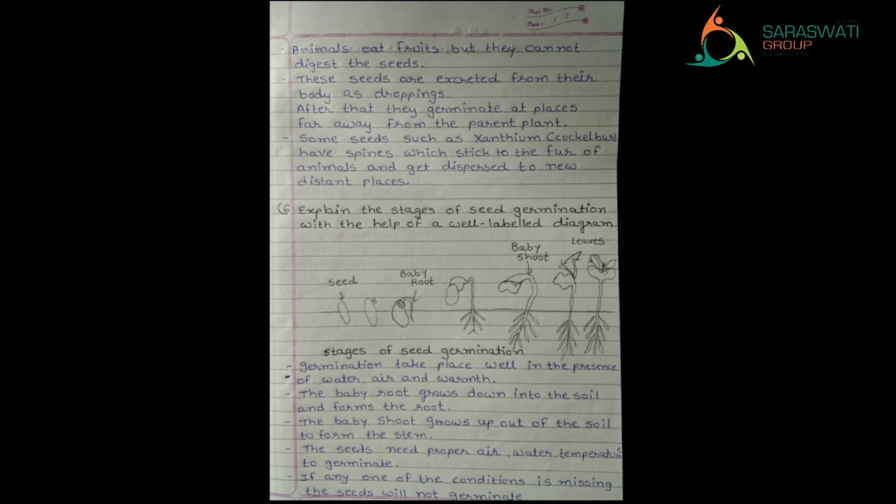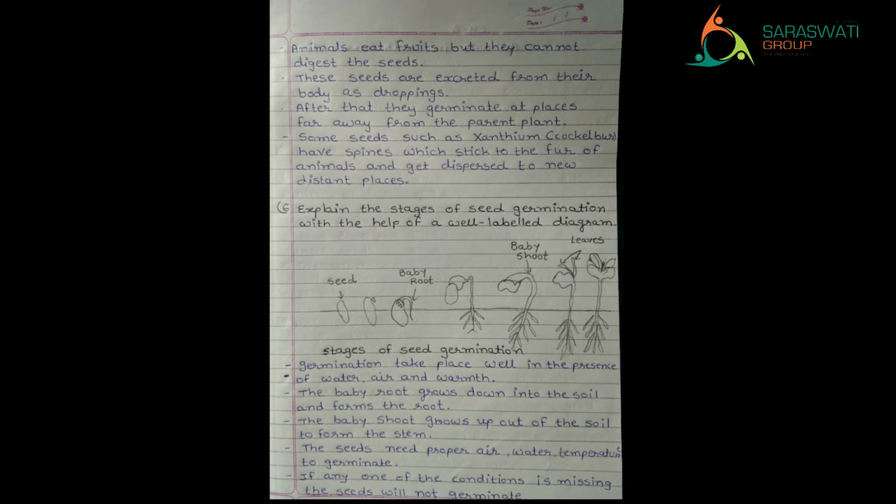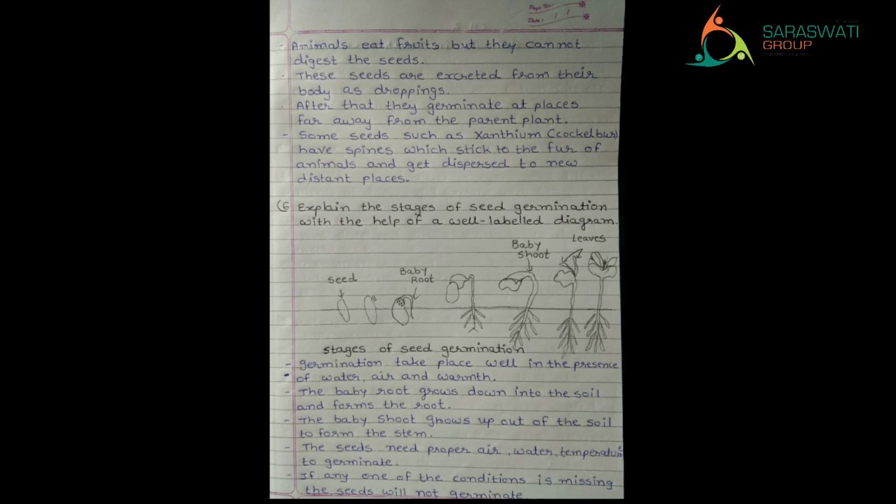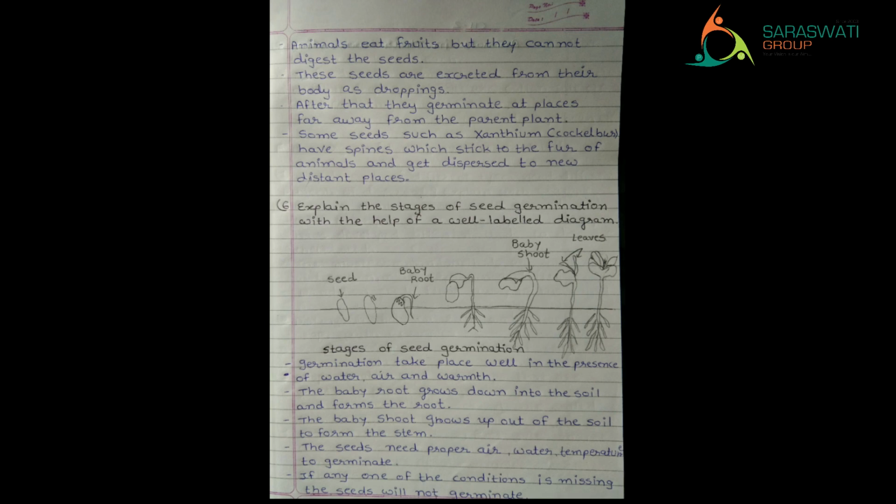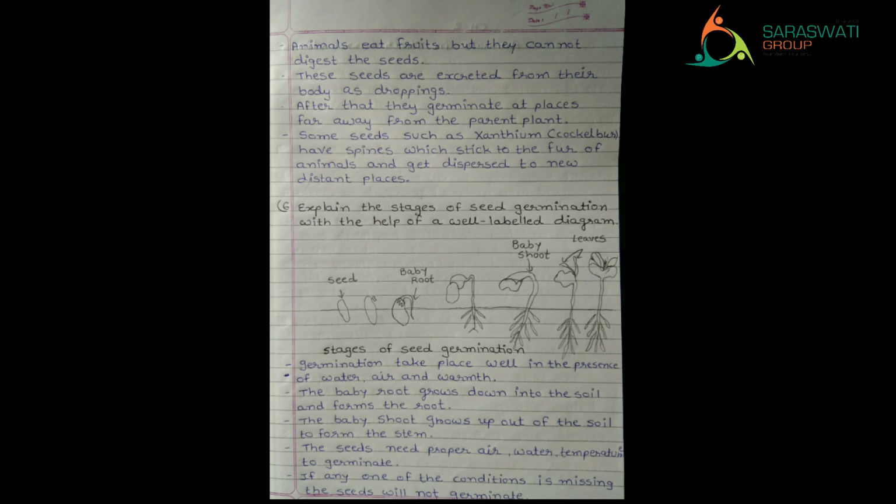The seeds need proper air, water, temperature to germinate, right? These are the three main factors which are responsible for the germination of the seeds, right? If any one of the conditions is missing, the seeds will not germinate, right?